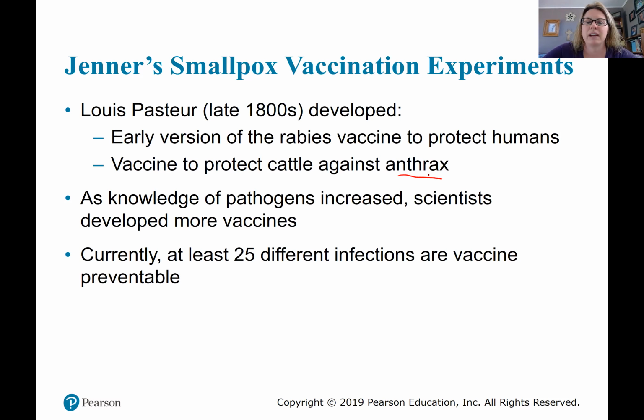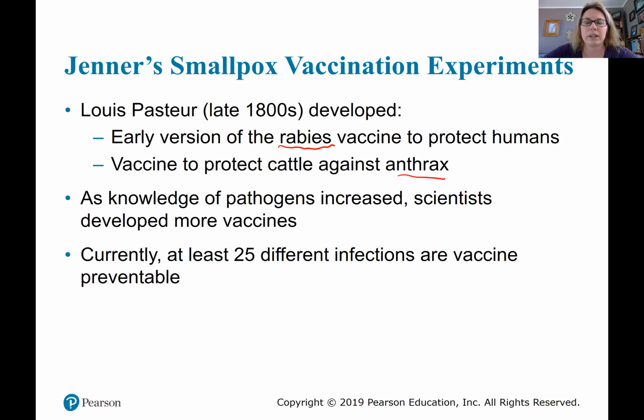He developed a vaccine against anthrax to help local farmers protect their cattle against a deadly disease. He also became one of the first to come out with a rabies vaccine to protect humans from rabies.